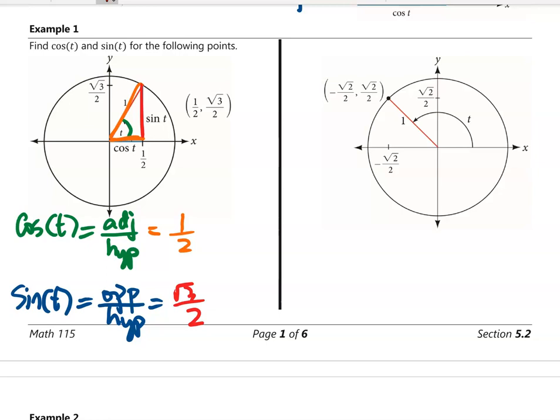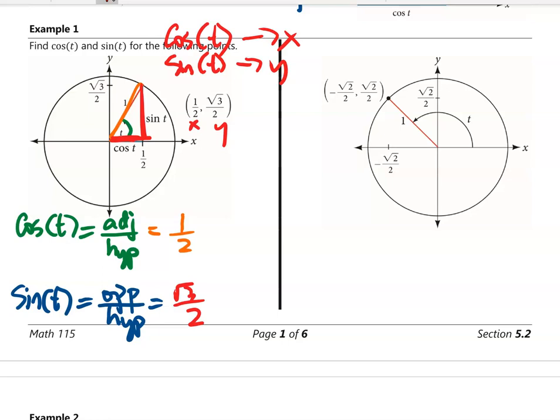So that's why you will see here that cosine of t is the x value, which is this one, 1/2, and sine of t is the y value, which is square root of 3 over 2 here.